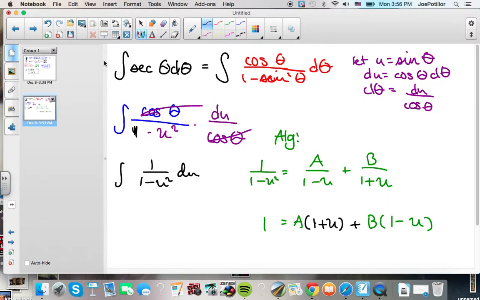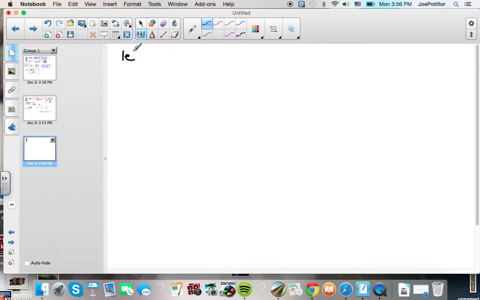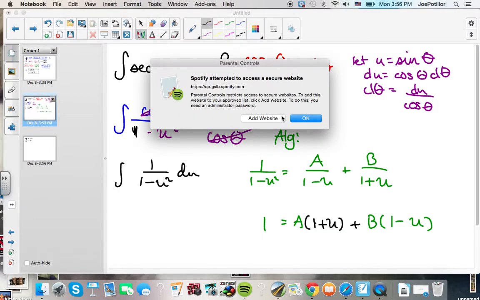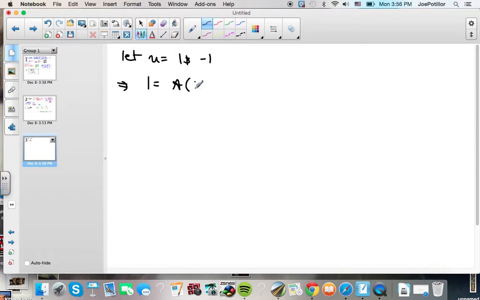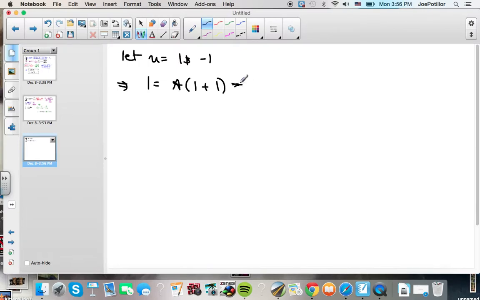So from here, by letting u equal 1 and negative 1 respectively, we get 1 is equal to A times 1 plus 1 plus B times 1 minus 1. 2A is equal to 1, and then A is equal to 1/2.